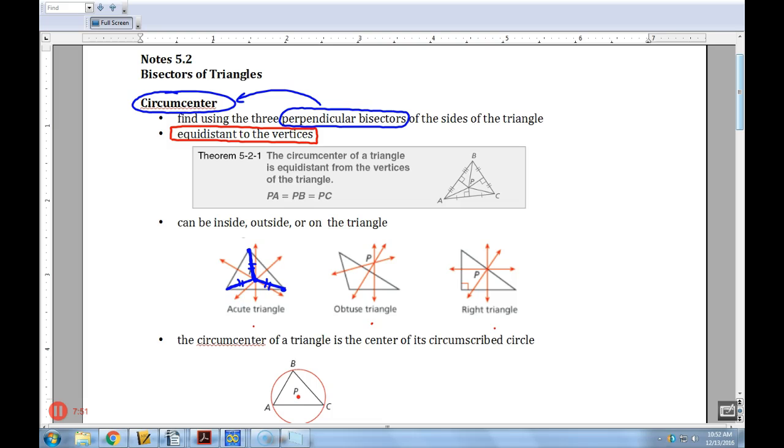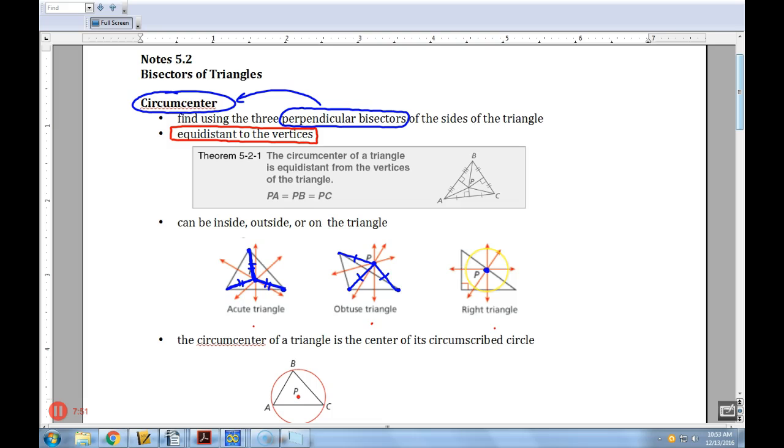And what that means is, you'll kind of see it in a second, so from the circumcenter, the distance to this vertice should be the same as the distance to this vertice, should be the same as the distance to this vertice. It's equal distance from all 3 corners.